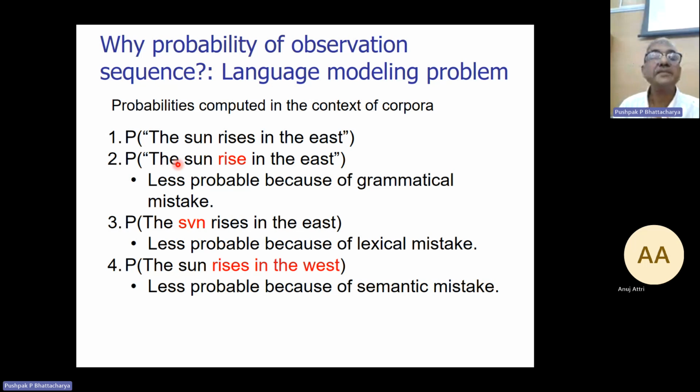That probability is found by taking a large corpus, called a monolingual corpus, a huge amount of data, and finding out how many times the appears divided by the total number of words in the corpus. That will give you the probability of the word the, and it will be a very high probability because the is very frequently occurring.